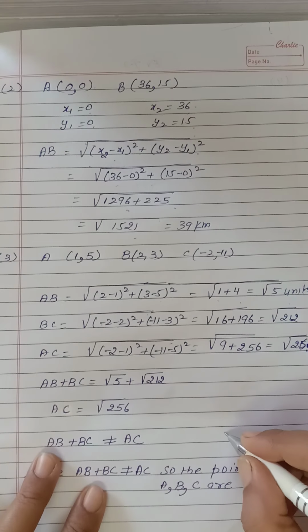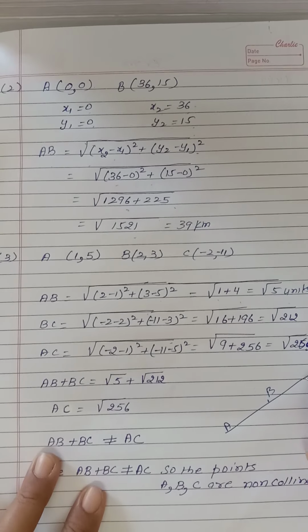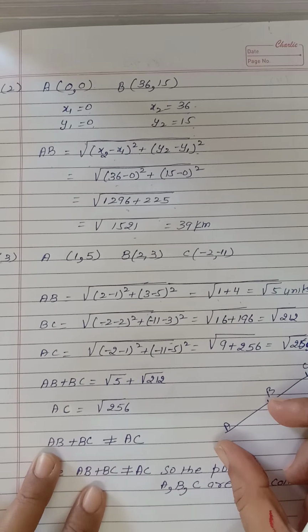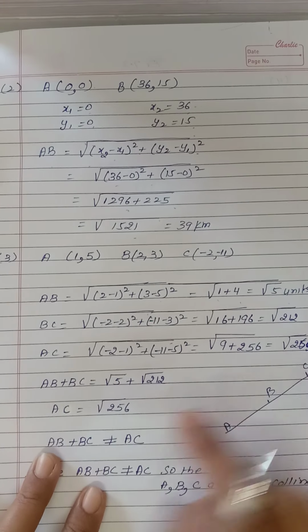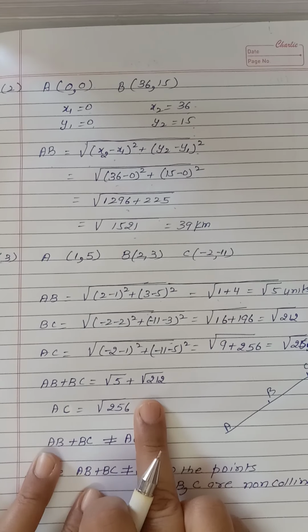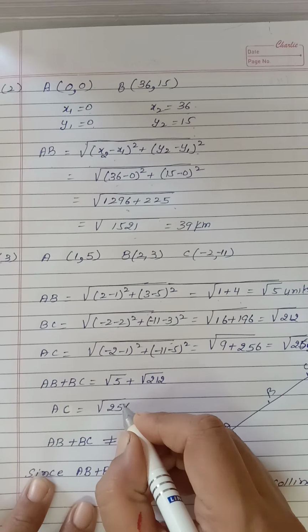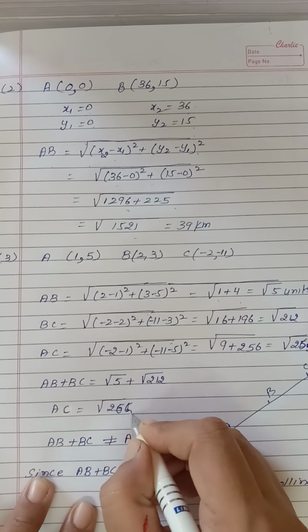If 3 points A, B and C are collinear, then the sum of two distances AB and BC should be equal to AC. So what is AB plus BC? It is root 5 plus root 212. What is AC? It is root 265.